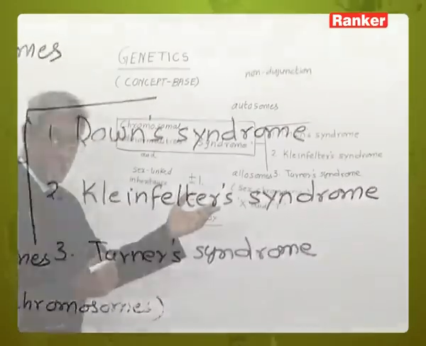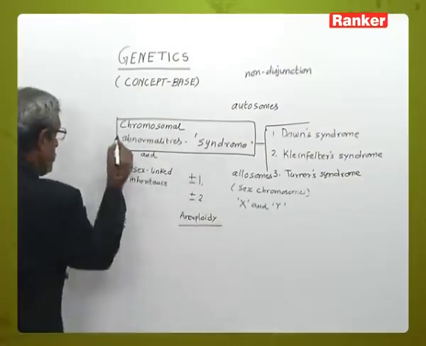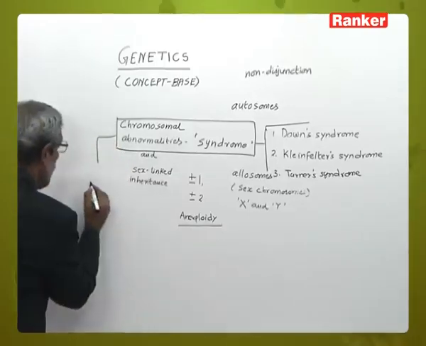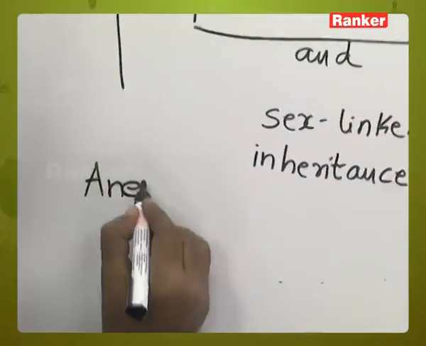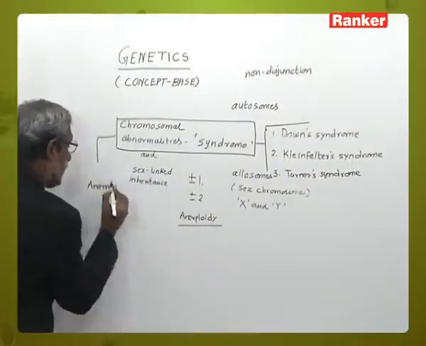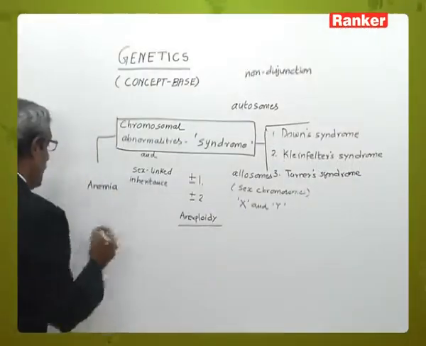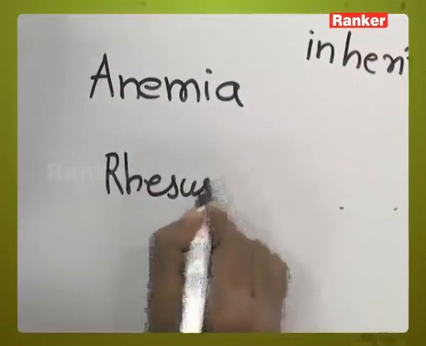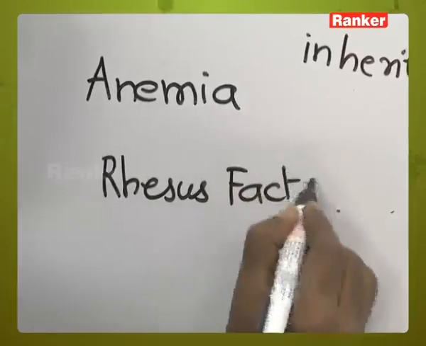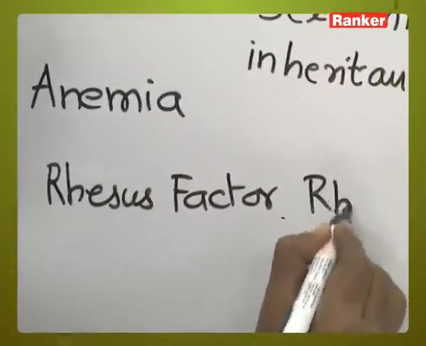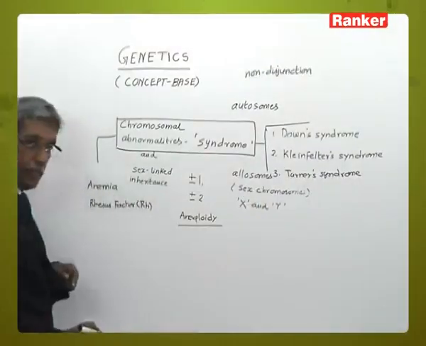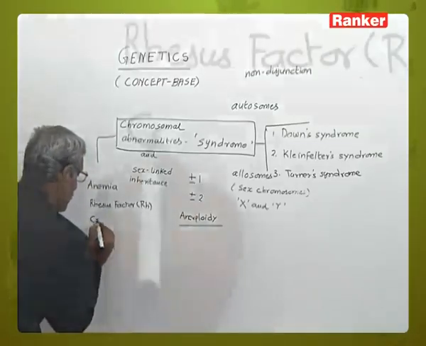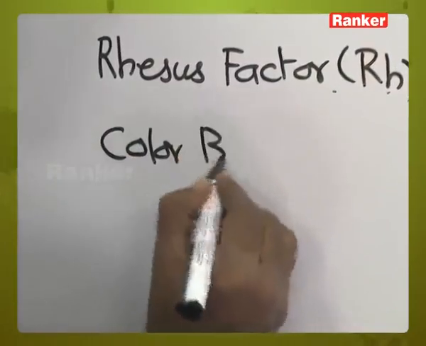The second component of the class relates to identification of anemic conditions. That is, we will be studying about the genetics of anemia. Later on, we will also be studying the genetics of rhesus factor, that is, how Rh is inherited. And later on, we will also be studying about the genetics of color blindness.